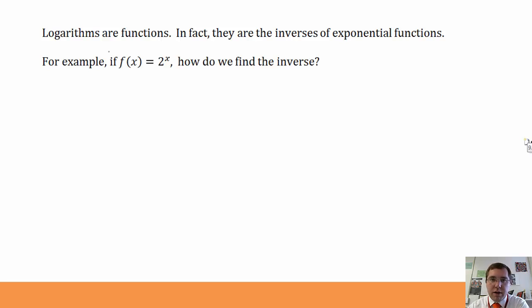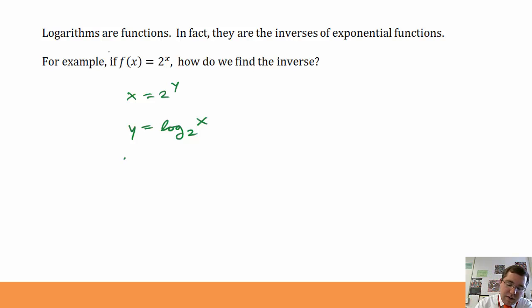That's why we learned what inverse functions were before we got to this. For example, if f of x equals 2 to the x power, that's an exponential function. How do we find the inverse? Well, we know we can switch the x and the y to find the inverse function. So x would equal 2 to the y power, but then I need to solve that for y. Well, how do I solve that for y if y is in the exponent? Logarithms. This means y equals the log base 2 of x, if I just convert that exponential form to its equivalent logarithmic form, applying the definition of a logarithm.